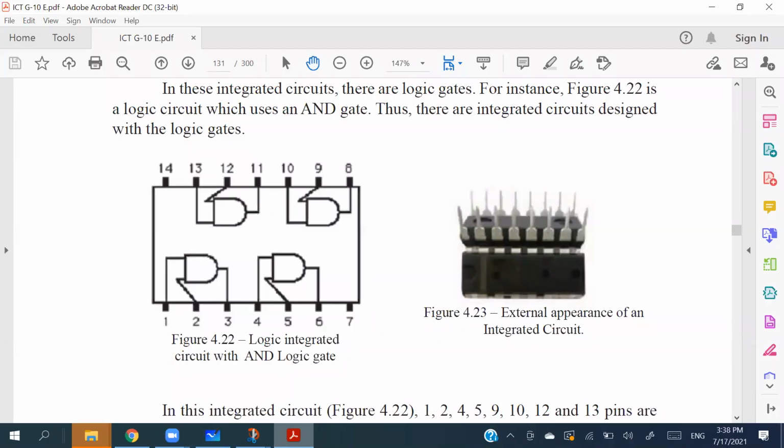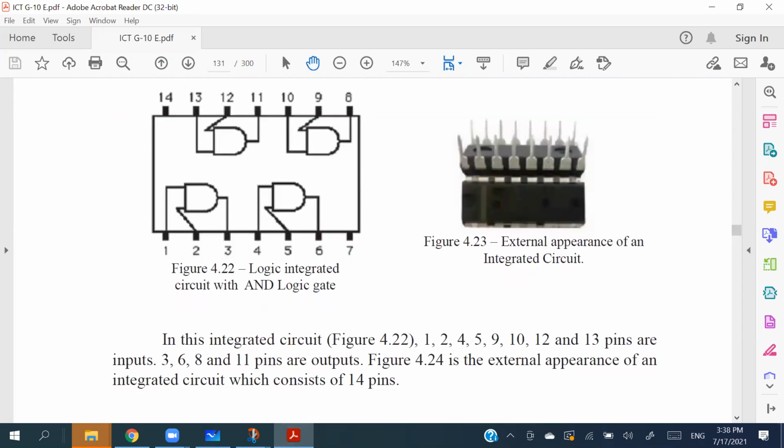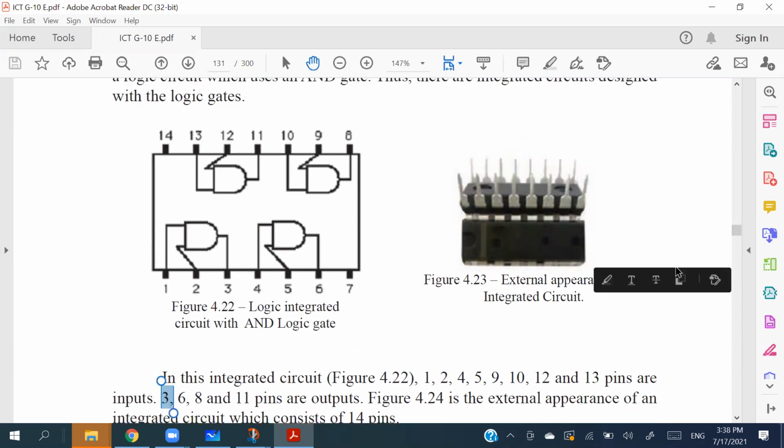When it comes to electronics, if you are learning electronics at university level, you will be given the chance to analyze this IC in a very deep manner. But here we are not going to go that deep, we are just given a diagram showing how these pins are connected. Now, can you see?